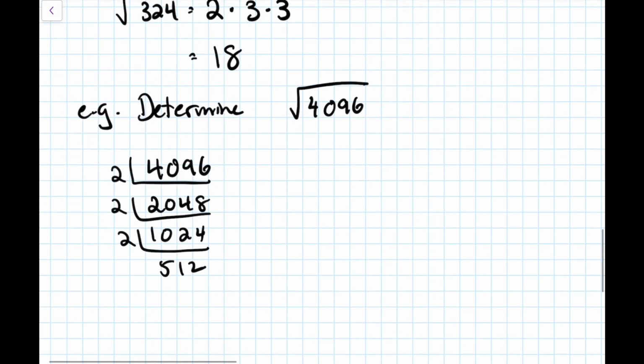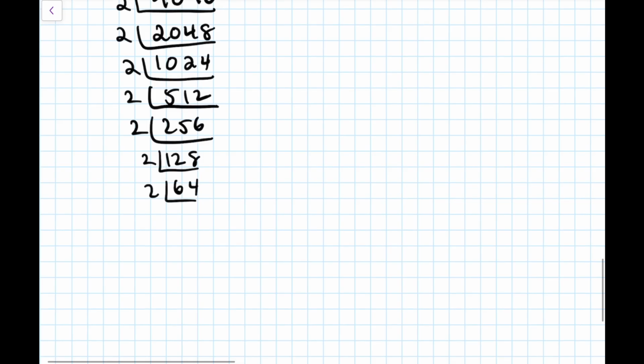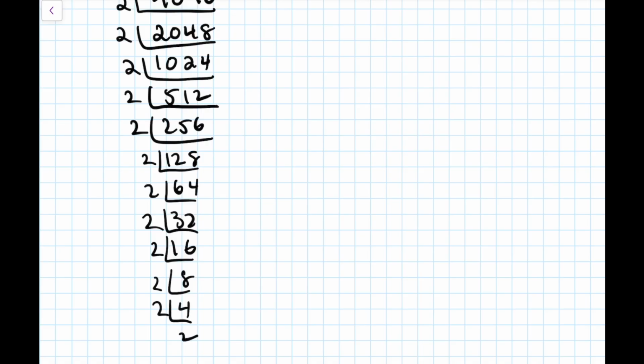And as you do this, you might start to realize that this is actually just going to be a whole bunch of 2s. So it's 2s all the way down. It's a lot of 2s.